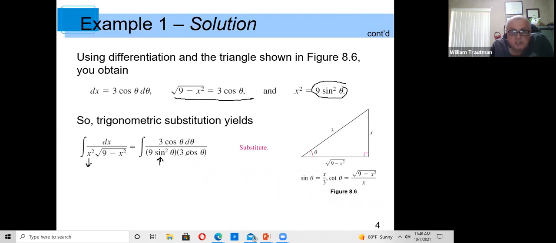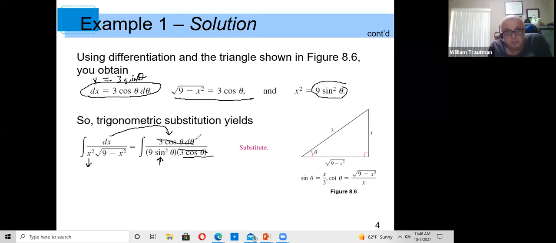The dx, remember we said x was 3 sine theta, but the derivative of 3 sine theta is 3 cosine theta. So the dx changes to 3 cosine theta. These two cancel. The d theta is still there. So we're left with this.